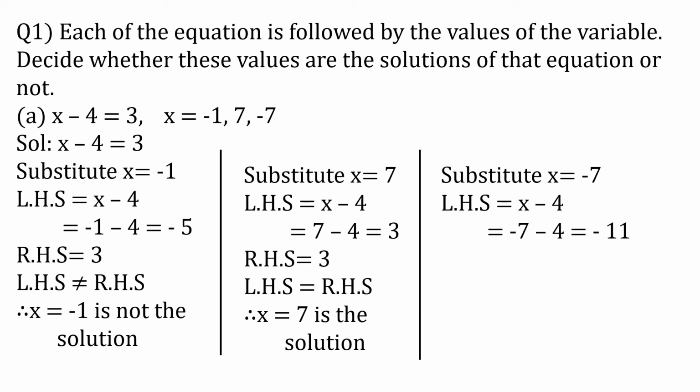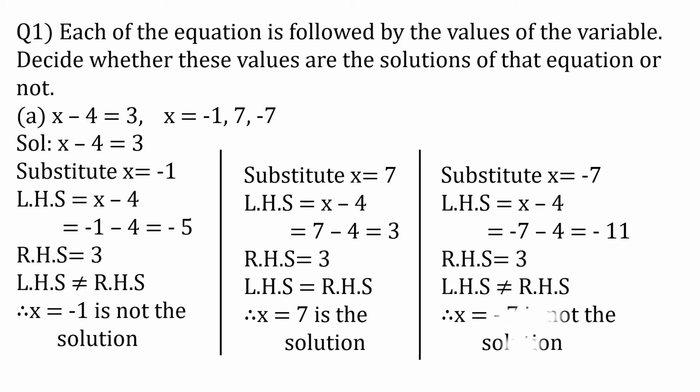You'll add both these numbers, -7 minus 4 will get -11. So your left hand side is -11 and right hand side given is 3. So left hand side is not equal to right hand side. Therefore student, x equal to -7 is not the solution. I hope you got this.